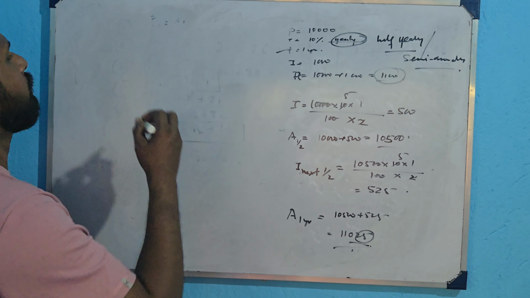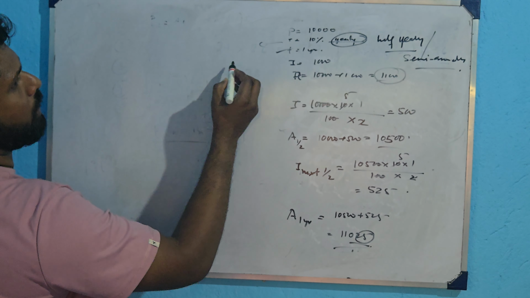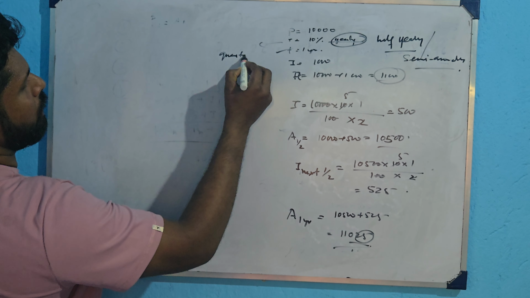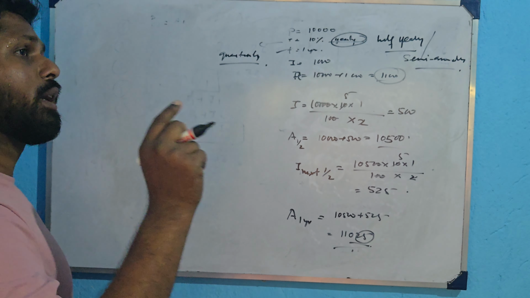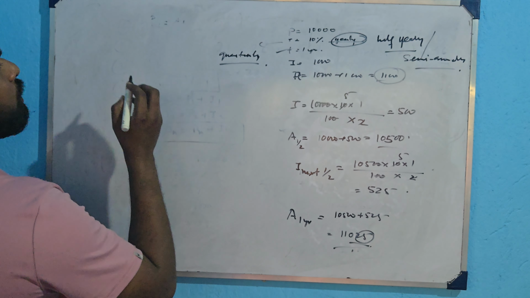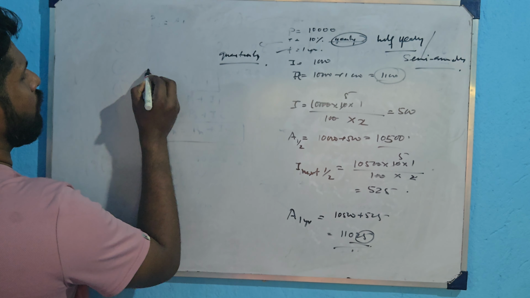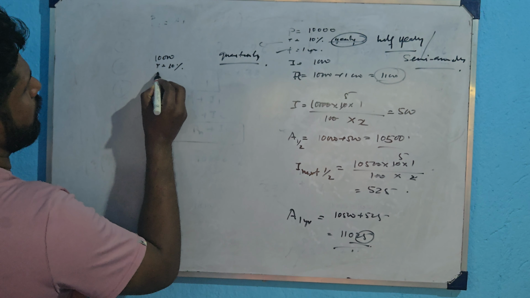So for quarterly we will do. Now rate is quarterly. What happens in quarterly? Interest will be added after every 3 months. It divides the year into 4 equal parts. So principal is 10,000, rate is 10%, time is 1 year.